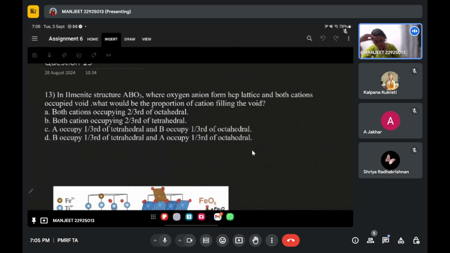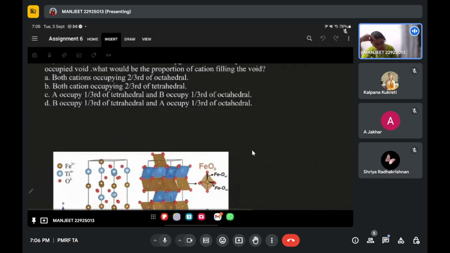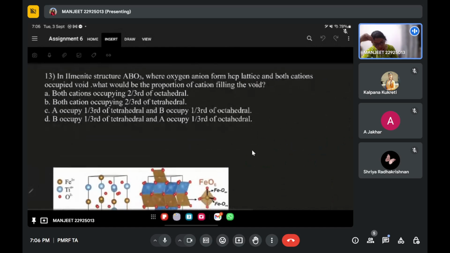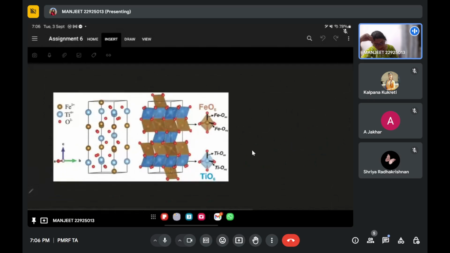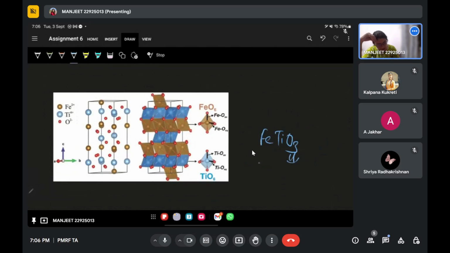So how are these cations filling the voids? You know this ABO3. One example of the ilmenite structure is FeTiO3. In ABO3, the oxygen anion forms the HCP lattice, and this A and B occupy the voids.